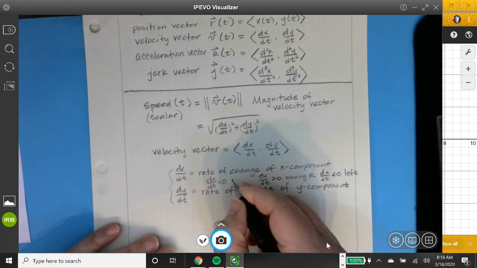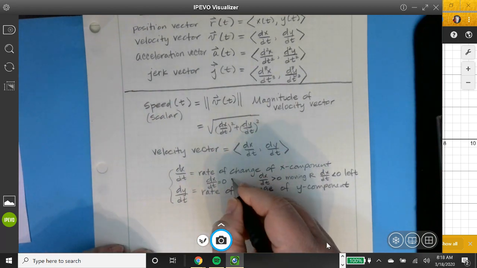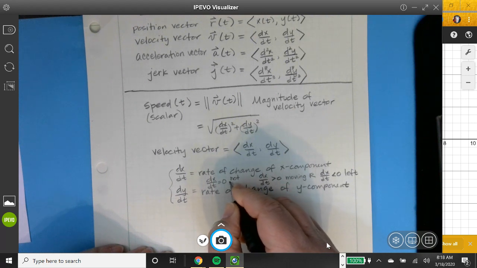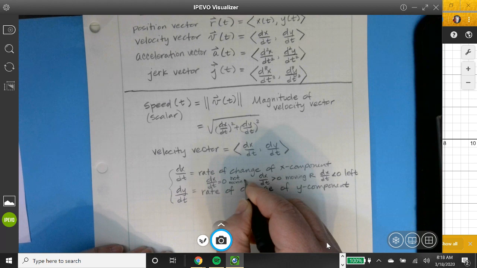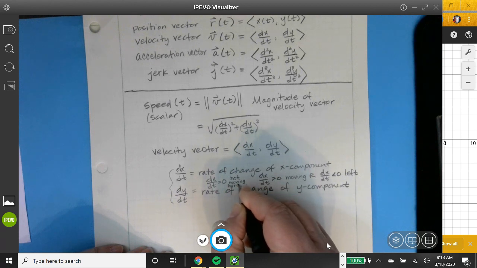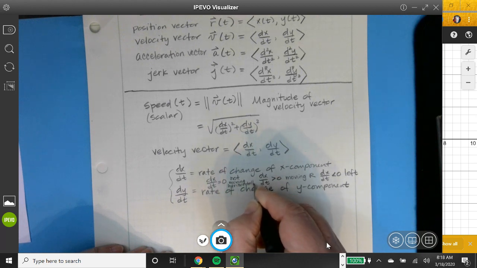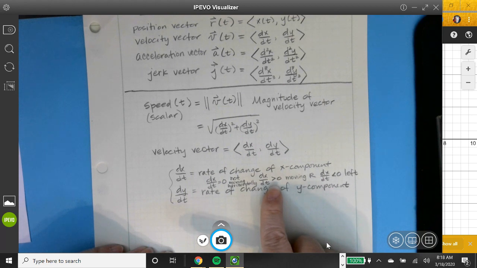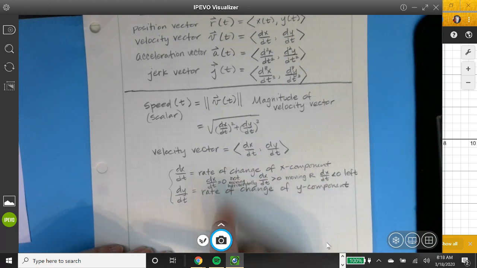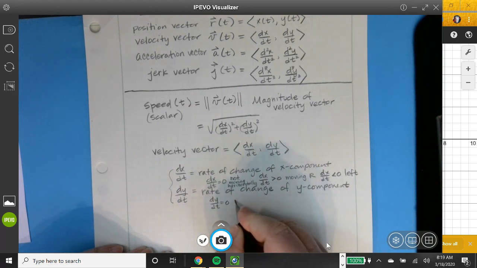Well, it's not moving in the left-right direction, so it's not moving horizontally. So you can be moving right horizontally, left horizontally, or not moving at all horizontally. So let's do the same thing with dy dt. If dy dt is 0, you're not moving.